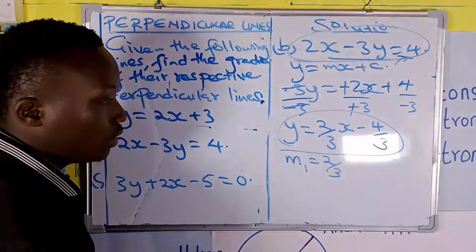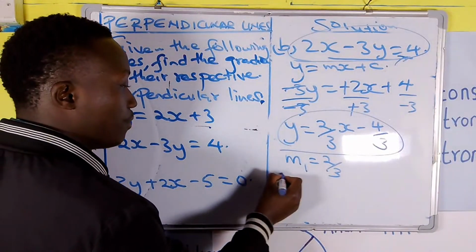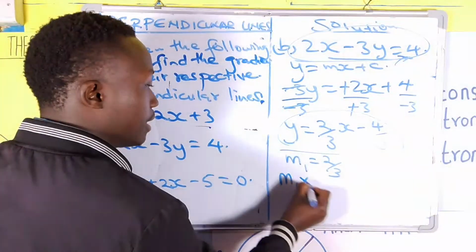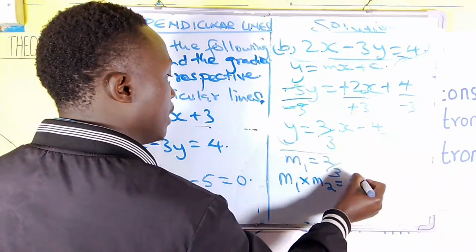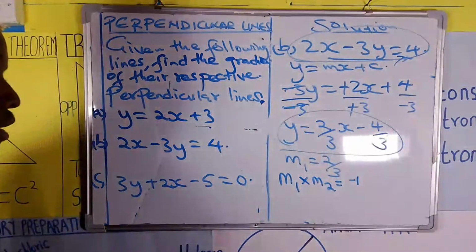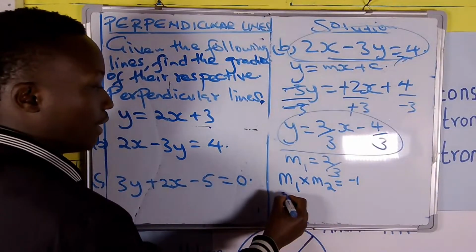So what we are now going to do is use our formula m1 times m2 is equal to negative 1. In this scenario, we have our m1 as 2 over 3.